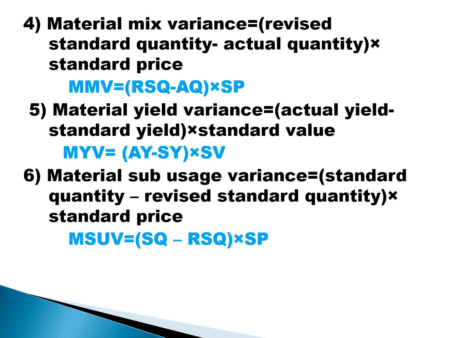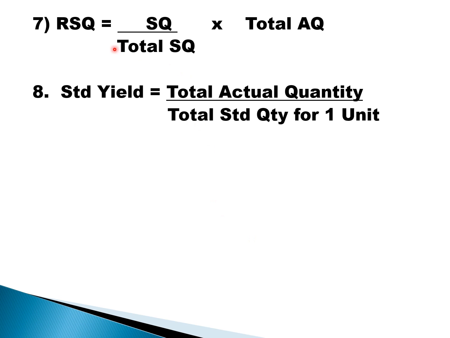Now, how to find our revised standard quantity? It's called RSQ. What is revised standard quantity? Sometimes students, during the course of doing the work, we may have to revise it. We may have to make certain modifications. Some adjustments we need to make during the course of production. For example, we expected 10 kg, but during the course it may go to 12 kg.